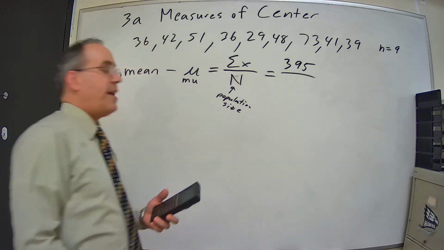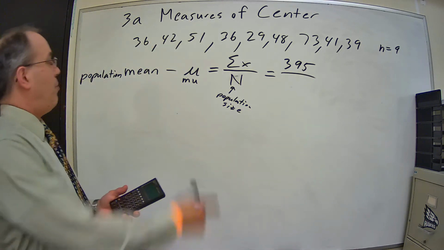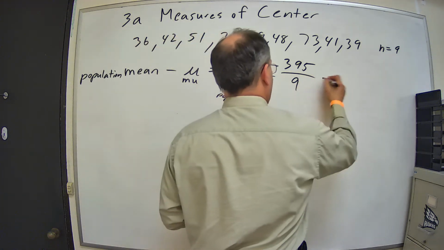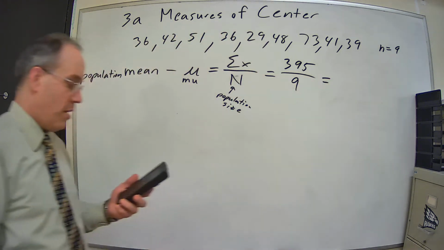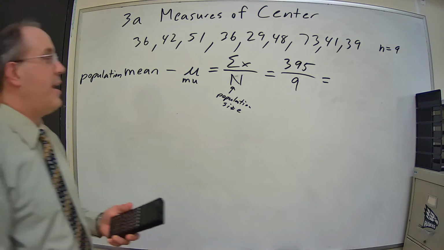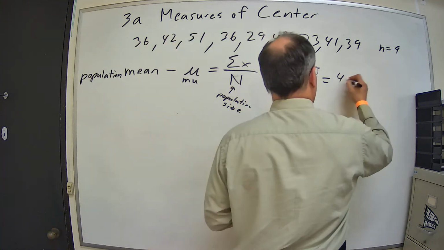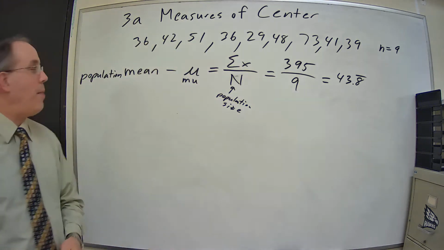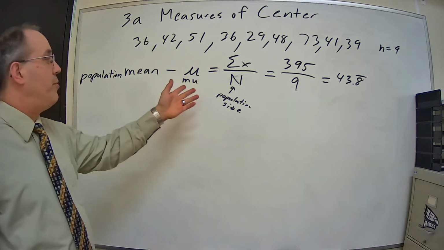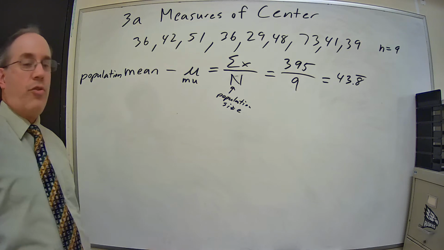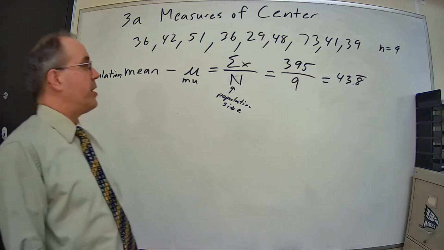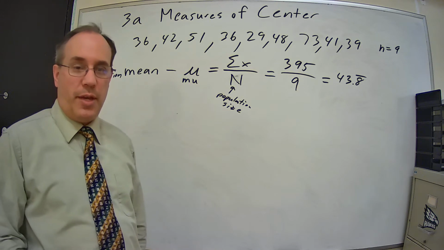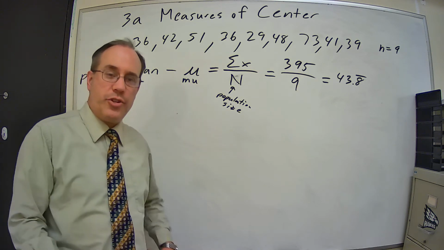And then we're going to divide that by n, the population size. So that's 9. Which gives us 43.8 repeating. So our population mean, mu, is the sum of x over capital N, 395 divided by 9, or 43.8 repeating. So that's the population mean.